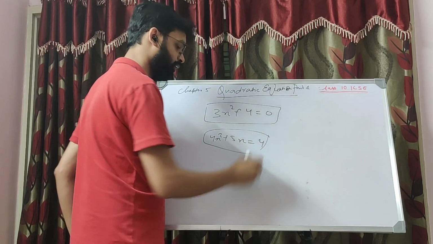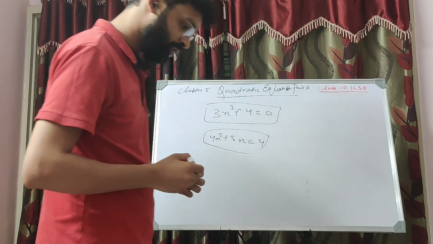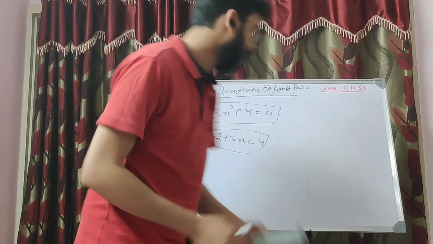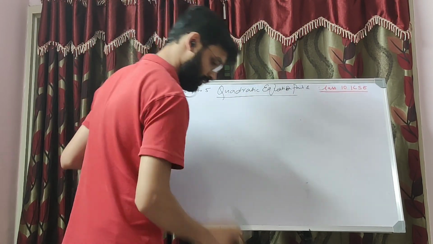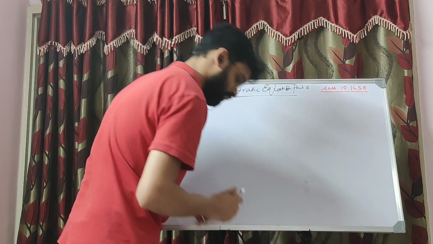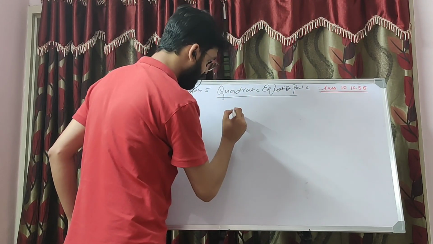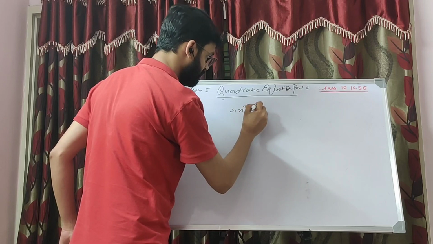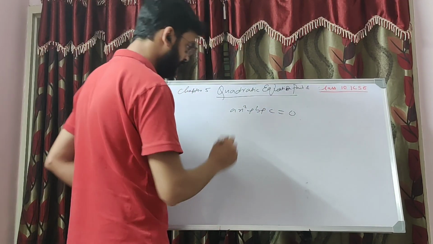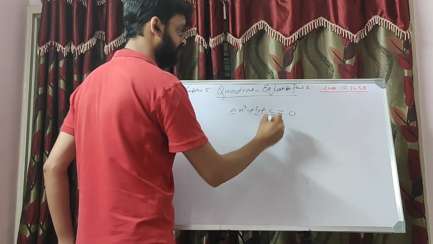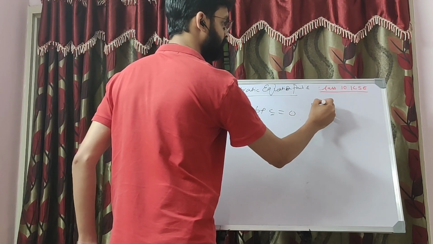This is an example of a quadratic equation. The standard form of a quadratic equation is ax square plus bx plus c is equal to 0, where a, b and c are all real numbers.